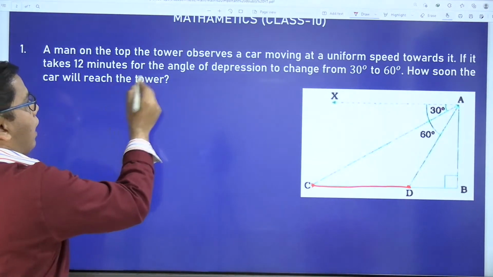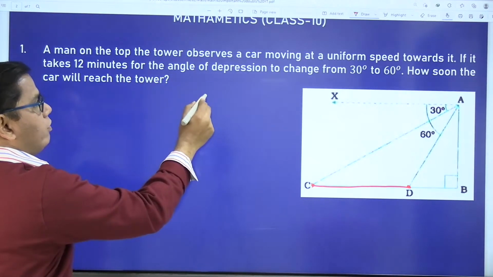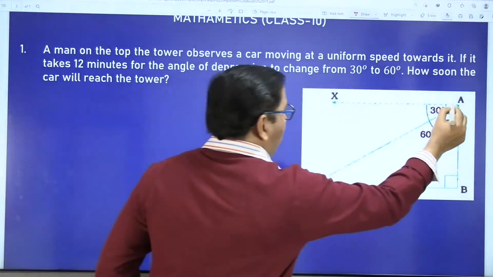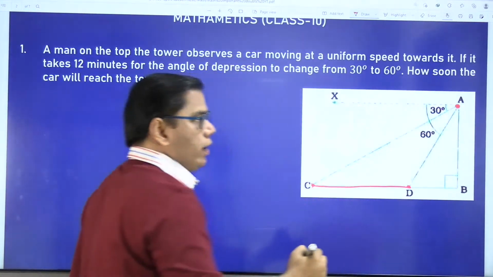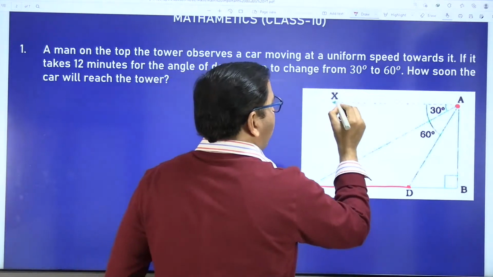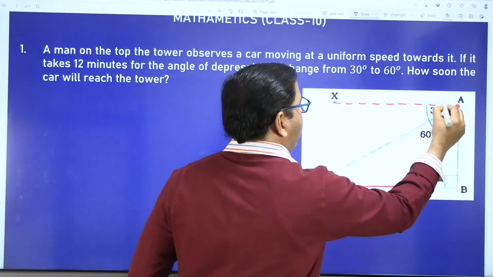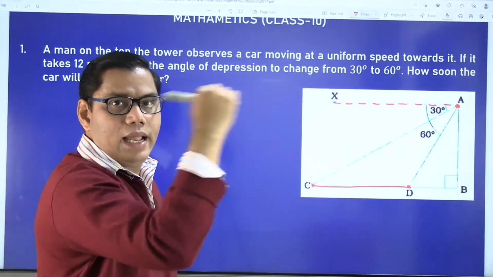If it takes 12 minutes for the angle of depression to change from 30 degrees to 60 degrees, how soon will the car reach the tower? The man is standing on the tower, and we always draw a reference line at eye level.